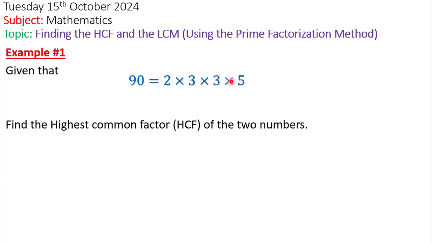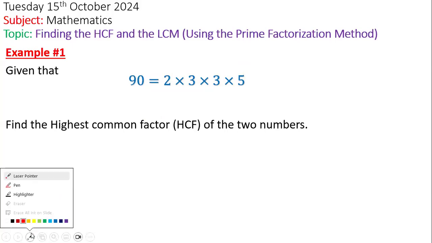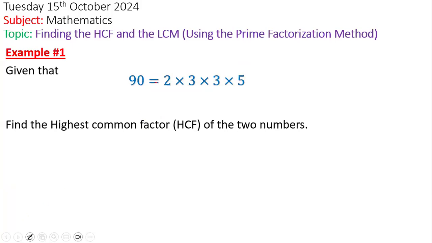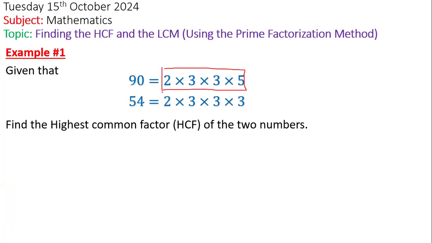Now this is 90 expressed as a product of its prime factors. So this is the prime factorization of 90. So if I would say what is 90, you can say 90 is simply 2 times 3 times 3 times 5. And then they also give us 54. What is the prime factorization of 54?